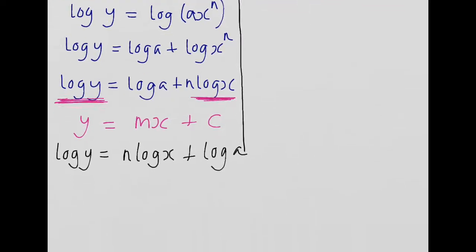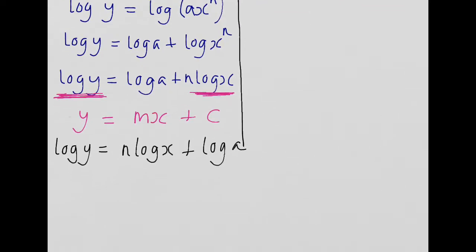And what we're seeing from this is that m is equal to n, and c is equal to the log of a. And so if I find the gradient, I know what n is.